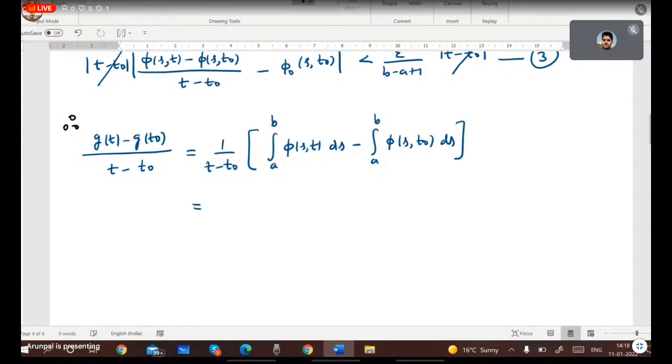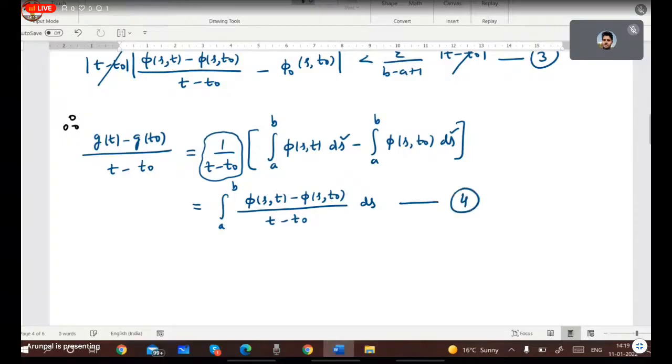And this is equal to, it is nothing but integral a to b finally, class, because the limits of integration are same, so you can combine the integrands. And because this thing outside the integral sign is independent of the variable of integration, you can take it inside the integral sign. Is this okay, class? Yes, sir.